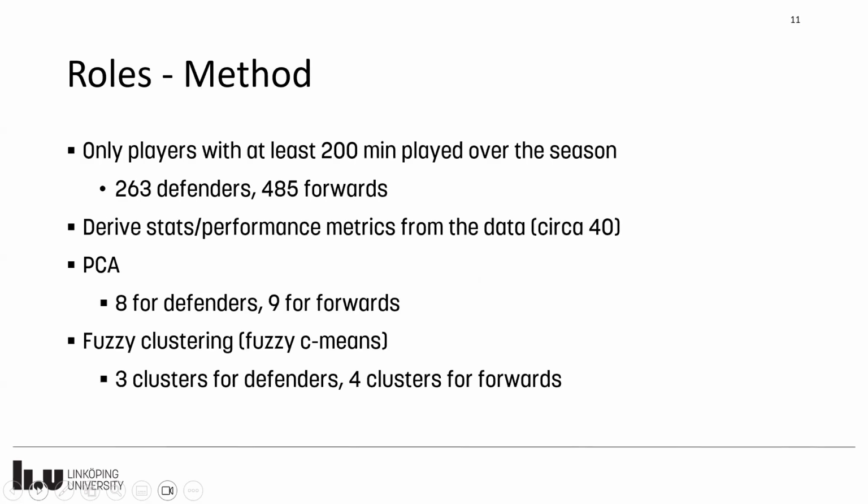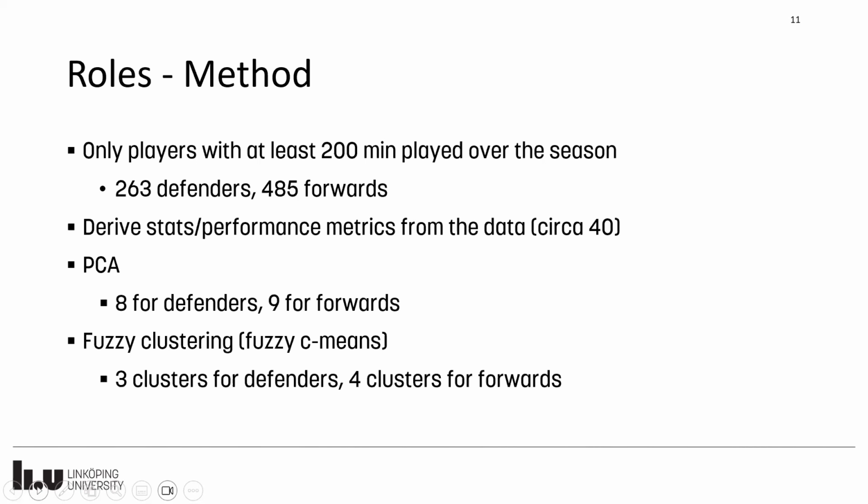So let's look at the roles. We only looked at players that had played at least 200 minutes over the season, which resulted in 263 defenders and 485 forwards. From the event data, we derived different stats and performance metrics, about 40, which are available in the paper.